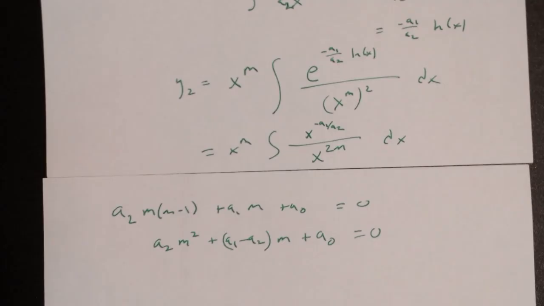So that means that m is equal to negative b over 2a. Now, why am I giving you that piece of information? So that we can simplify this.